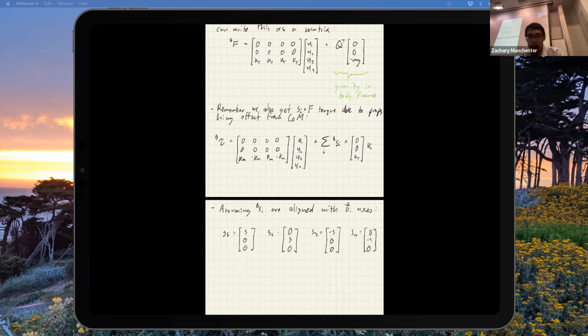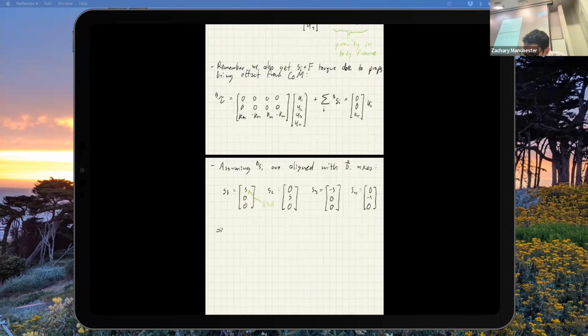Something like this, right? And where this guy is the norm of the S_i. And then you get this to look like one big matrix.